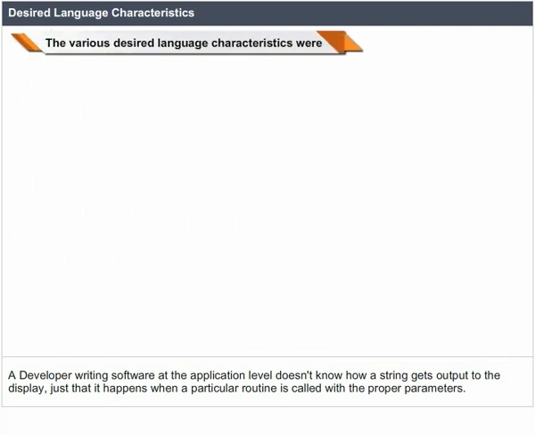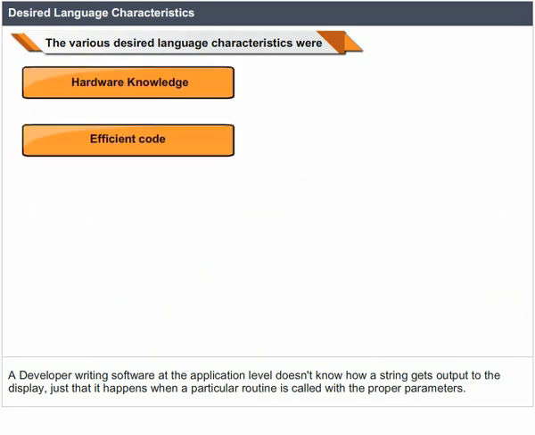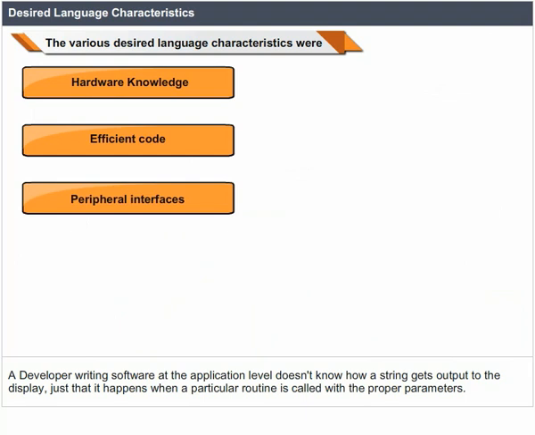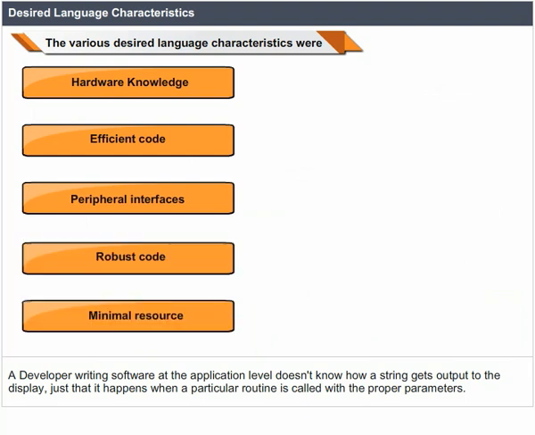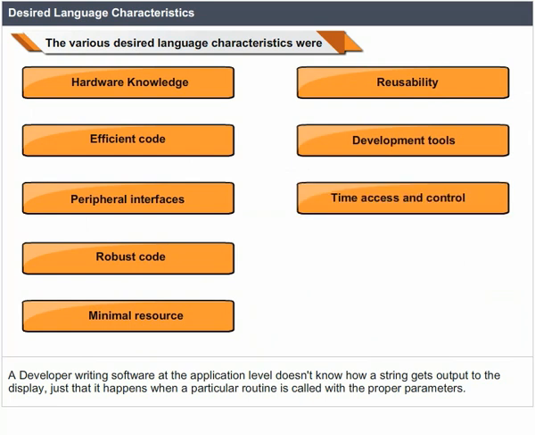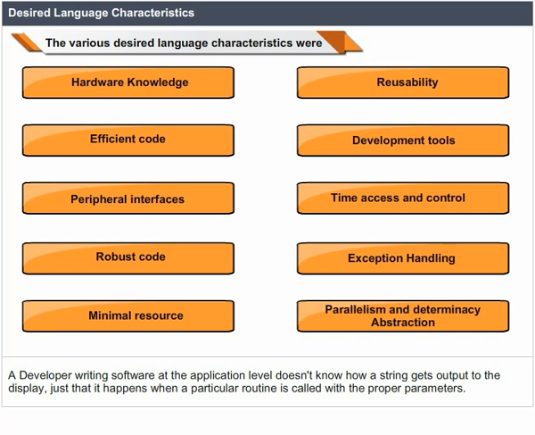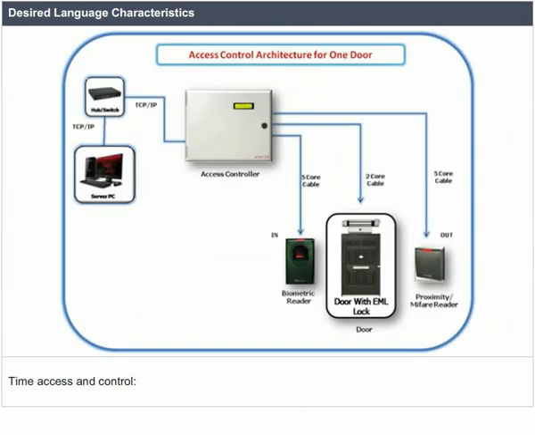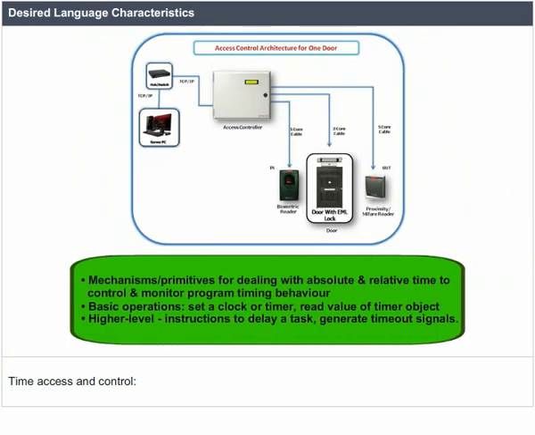The various desired language characteristics were hardware knowledge, efficient code, peripheral interfaces, robust code, minimal resources, reusability, development tools, time access and control, exception handling, parallelism and determinacy, abstraction. Time access and control: mechanisms or primitives for dealing with absolute and real time to control and monitor program timing behavior.